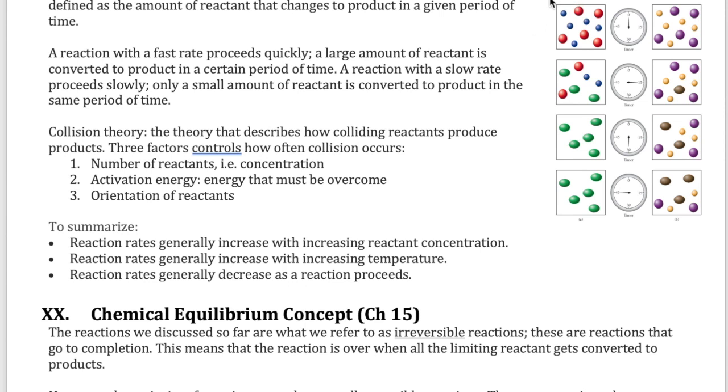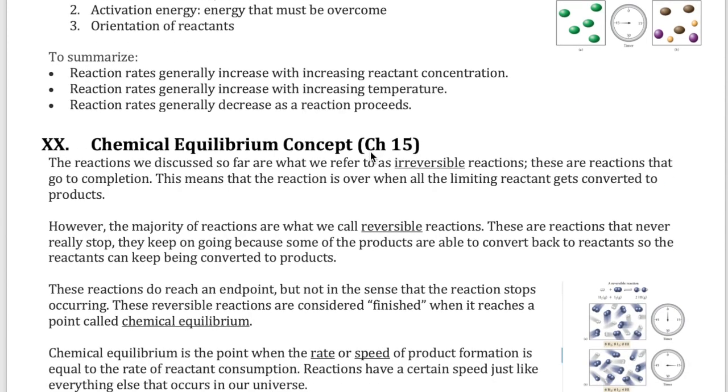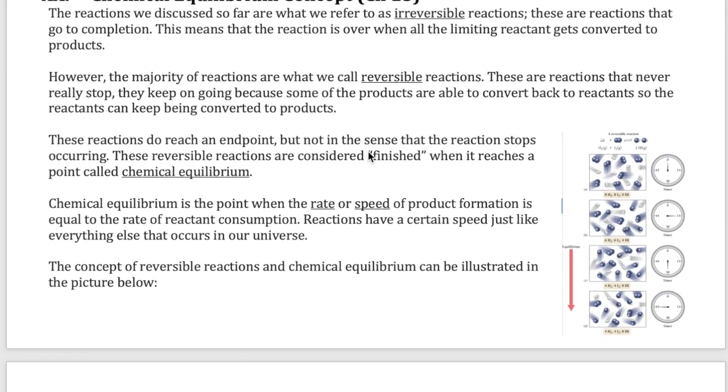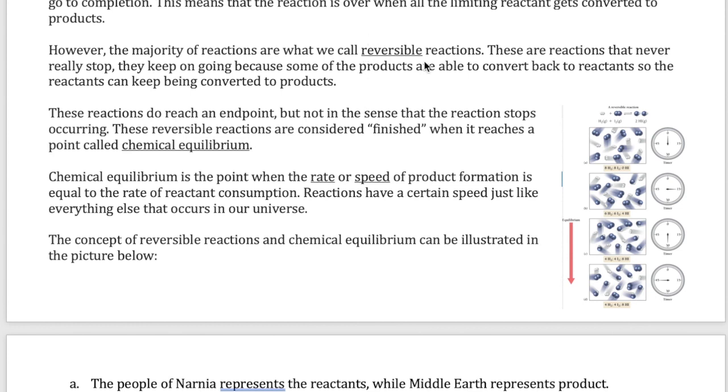So if your reactants can collide or hit one another and make products, then in theory, the products can also collide with one another and convert back to reactants. And in fact, that's what we see with many reactions, and these are what we call reversible reactions. We can actually see a reversible reaction in action fairly easily.